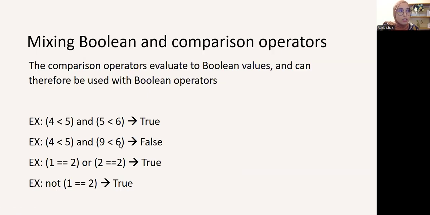Here I have 1 is equal to 2, yes or no? No. And 2 is equal to 2. Yes. So at least one of them is yes, then the result is yes. Then 1 is equal to 2. No. And not no means false. And not false is true. So it's kind of things like this.